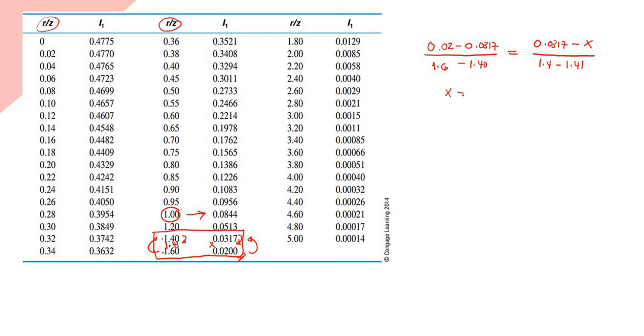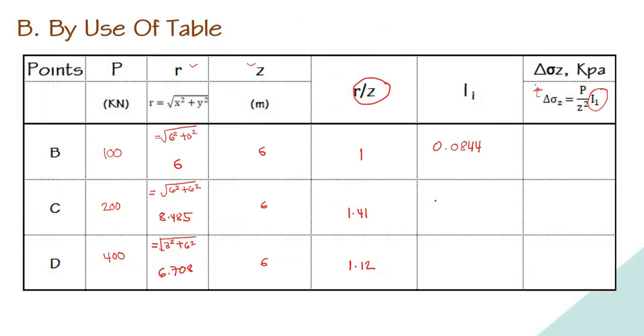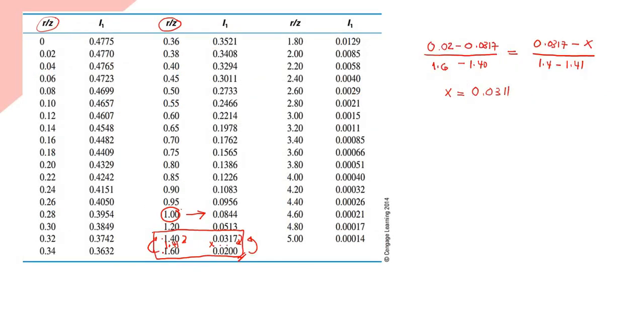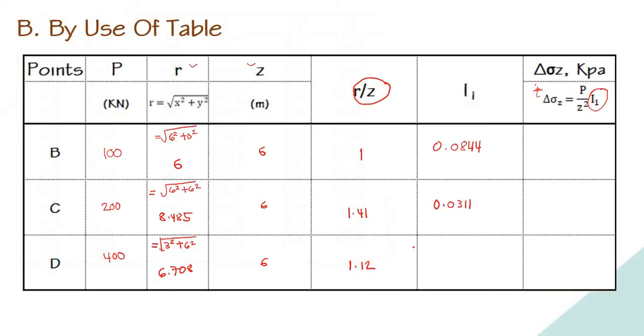So x here is equal to 0.0311. This is now the value of your I1. Next is 1.12. From the table, we again see that there is no 1.12. So 1.12 is somewhere here between 1 and 1.2. So apply interpolation to get the value of I1, and that is 0.0645.